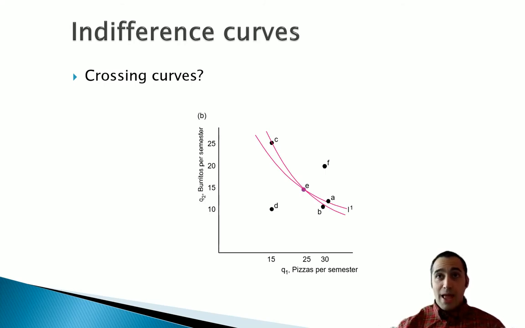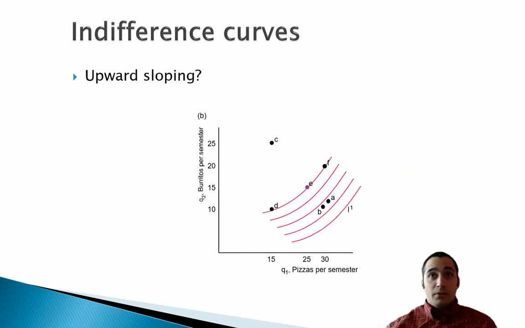You'll note that A and E are on the same indifference curve, so it must be that A is indifferent to E. You'll also note that E and B are on the same indifference curve, so E is indifferent to B. By transitivity, you will note that A must be indifferent to B. What's wrong with that? Well, if you note, A has strictly more stuff than B, so A must be preferred to B. And then again, we have a contradiction. It can't be. Your indifference curves cannot cross. That will cause problems each and every time.